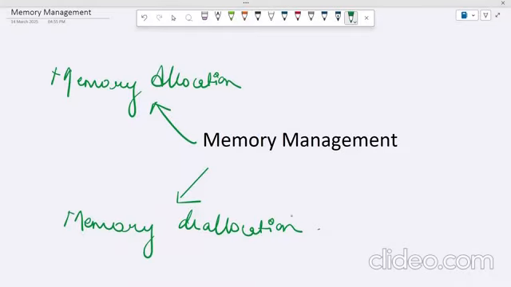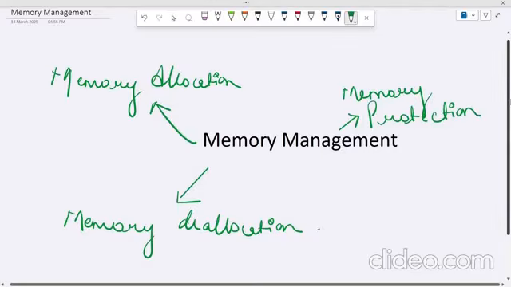And the third main function is called memory protection. Now, what is memory protection? While running, a process can access only the memory which is allocated to it. Because in a computer system there is a lot of memory, the allocated memory should be accessible only by the particular process, not more than that.